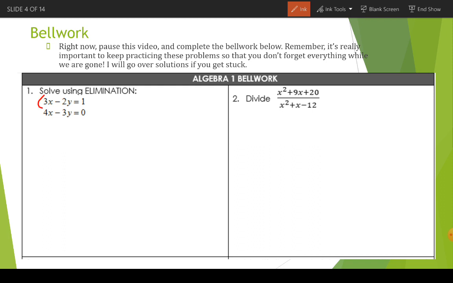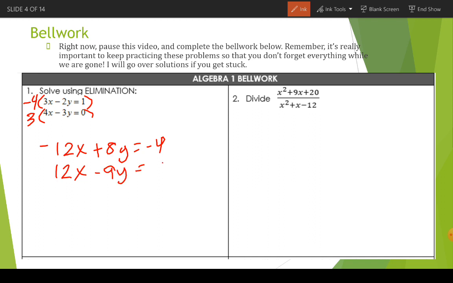So what I can do is multiply my top equation by -4 and my bottom equation by +3. So my top equation becomes -12x plus 8y equals -4, and my bottom equation becomes 12x minus 9y equals 0.